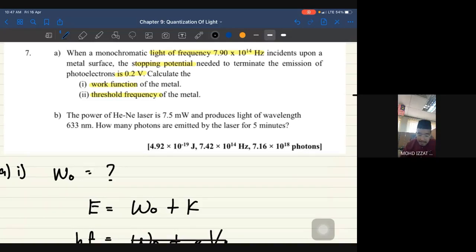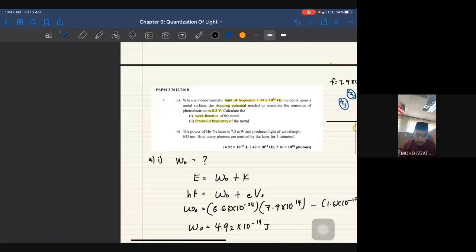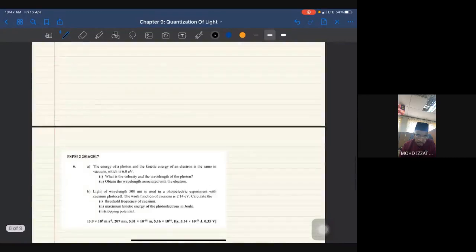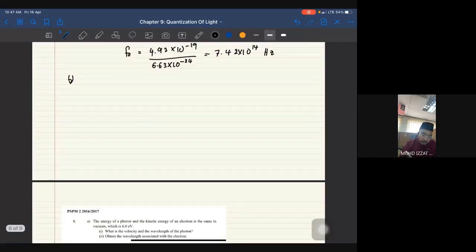Okay, so that's the second. How do you want to solve this one? You have a laser and they give you the power and produce a light of a wavelength 633 nanometer. How many photons are emitted by the laser for 5 minutes? So the idea is something like this.